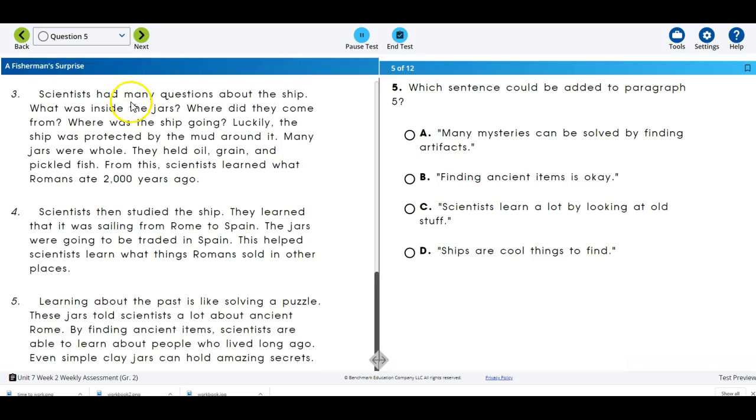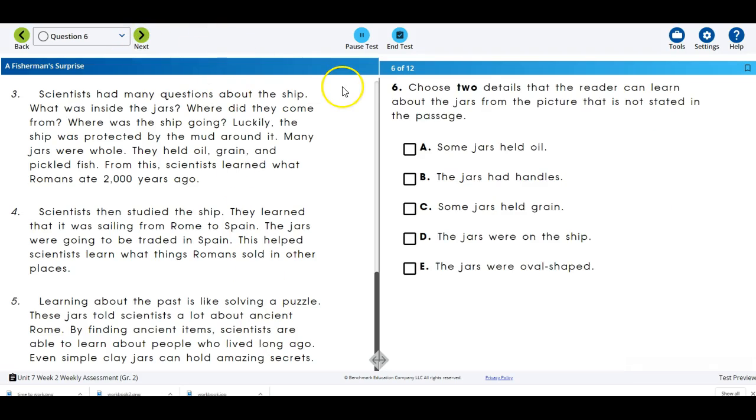So maybe I should go down to paragraph 5, reread paragraph 5, and then think about which one of these sentences is most likely to fit in paragraph 5 as a supporting detail. Question 6. Choose 2 details that the reader could learn about the jars from the picture that's not in the passage. So make sure whatever you choose here is not already written in the passage.